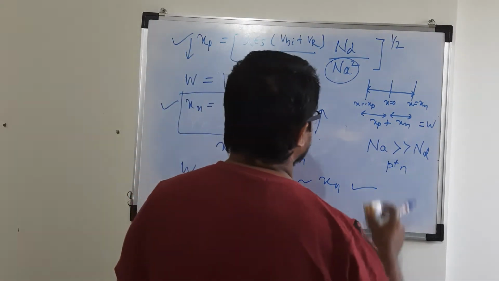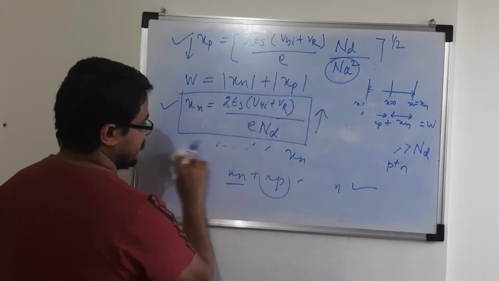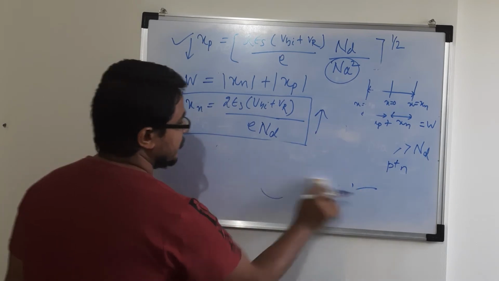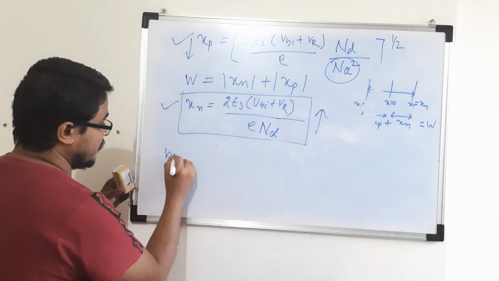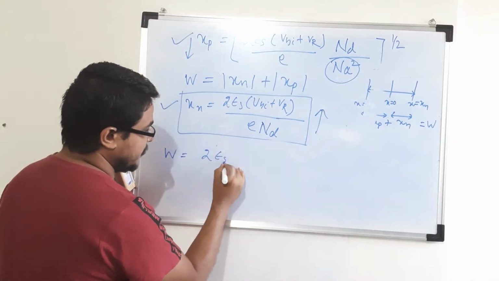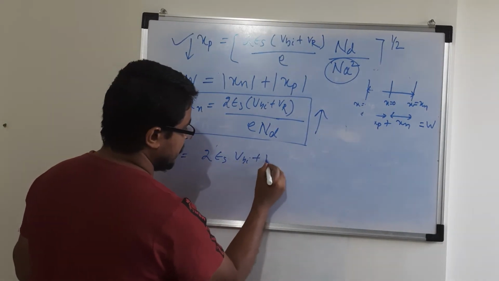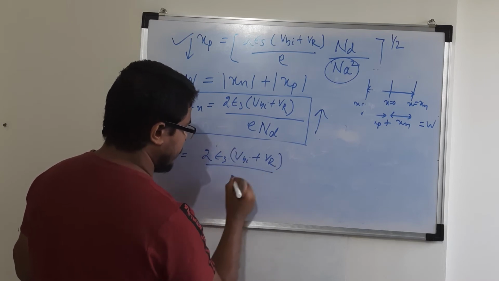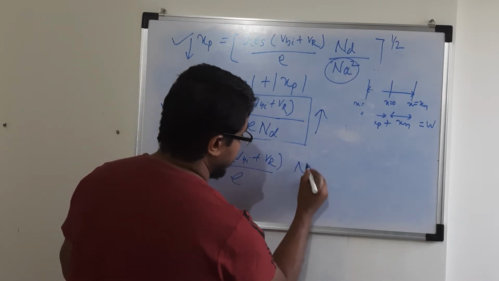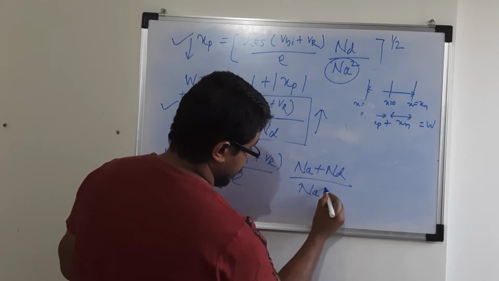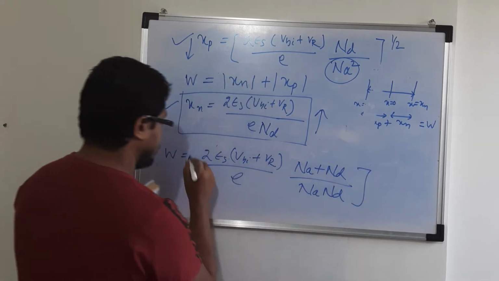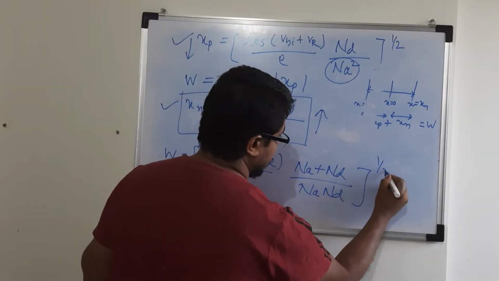Let me rewrite the W value, the space charge width which we had obtained: 2 epsilon s Vbi plus Vr divided by E, and then we had Na plus Nd divided by Na Nd. This was the expression that we determined for W, to the power 1 by 2.